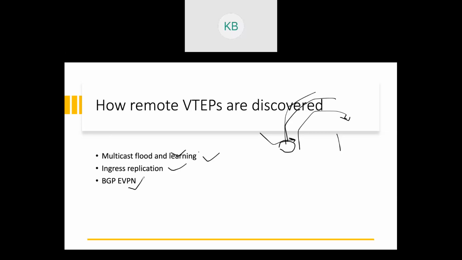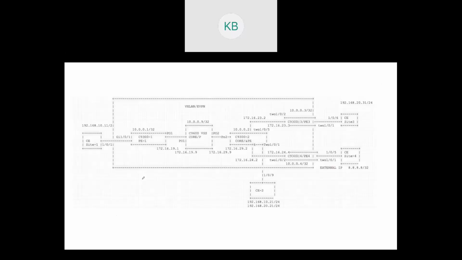As soon as your host comes online, BGP EVPN should be able to know about that, and it would advertise that prefix to all the VTEPs, right? So that way they don't need to flood. So pretty much that's all we have from the theory perspective, nothing much.